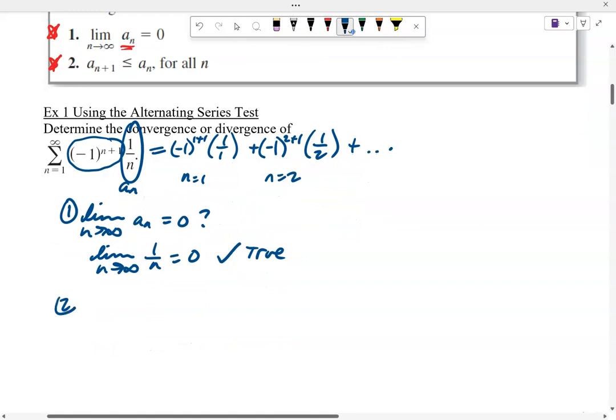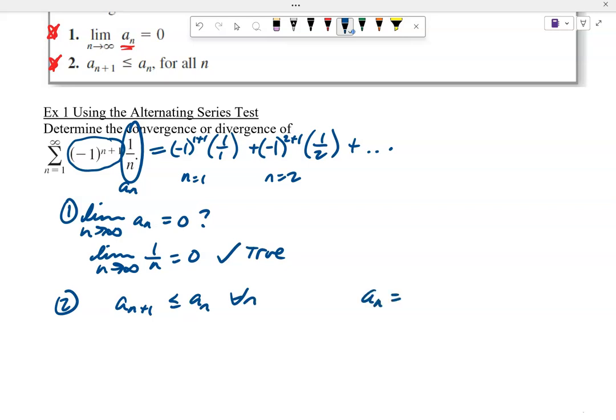So I go on to number 2. Is the second condition met? Is a sub n plus 1 less than or equal to a sub n for all n? Well, remember, a sub n is 1 over n. So a sub n plus 1 would be 1 over n plus 1. Is that less than or equal to 1 over n?